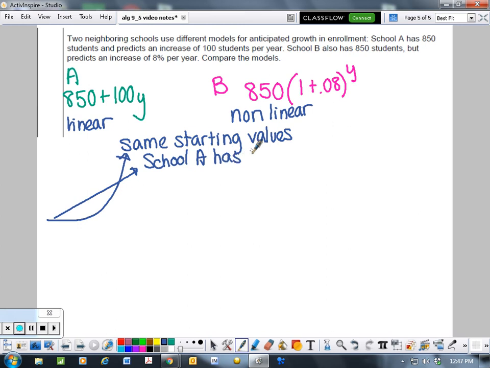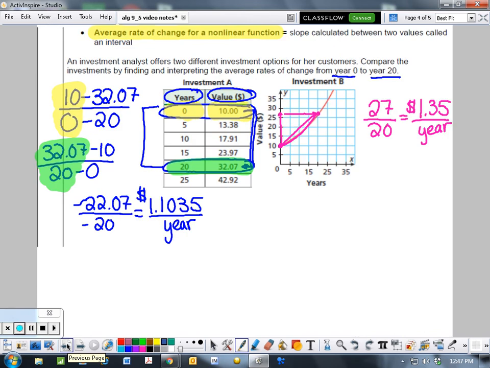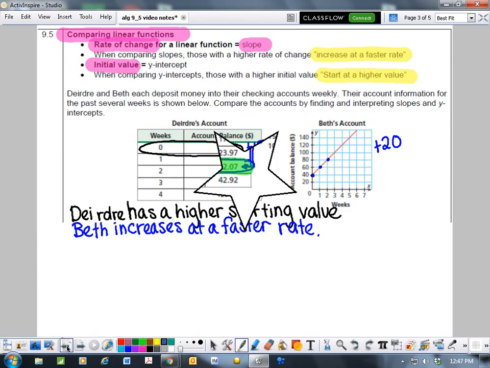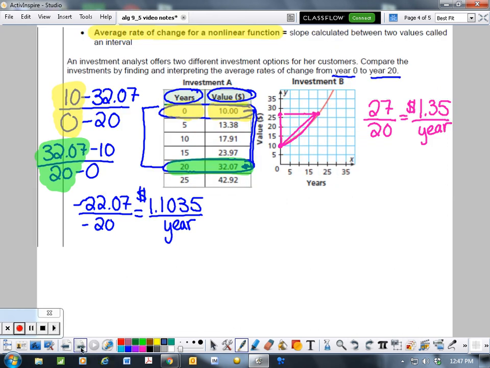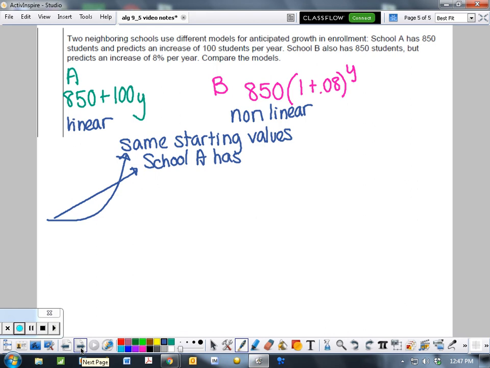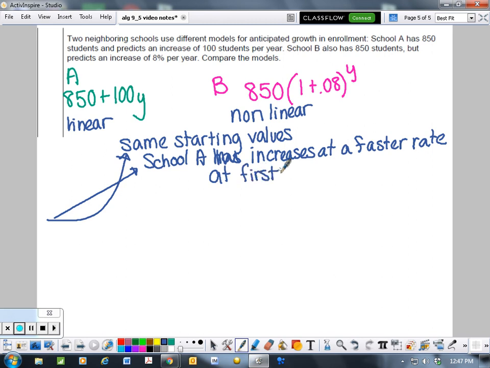So how did we describe growth, that rate of change? So it increases at a faster rate. So school A increases at a faster rate at first. But eventually, school B will catch up in their prediction model.